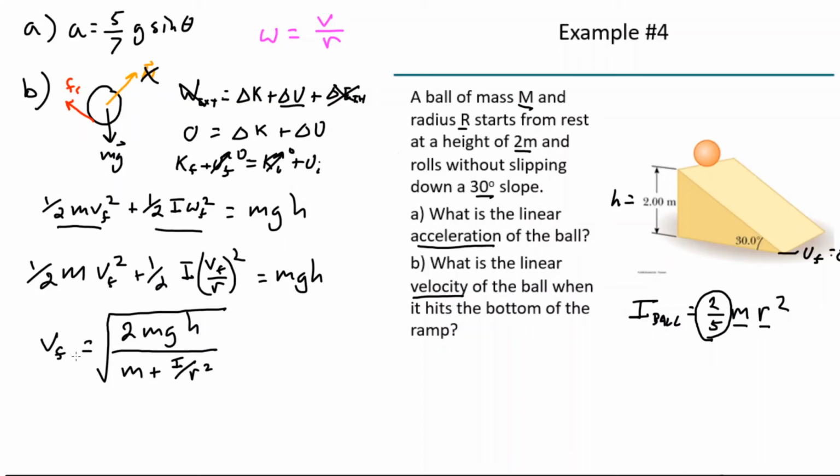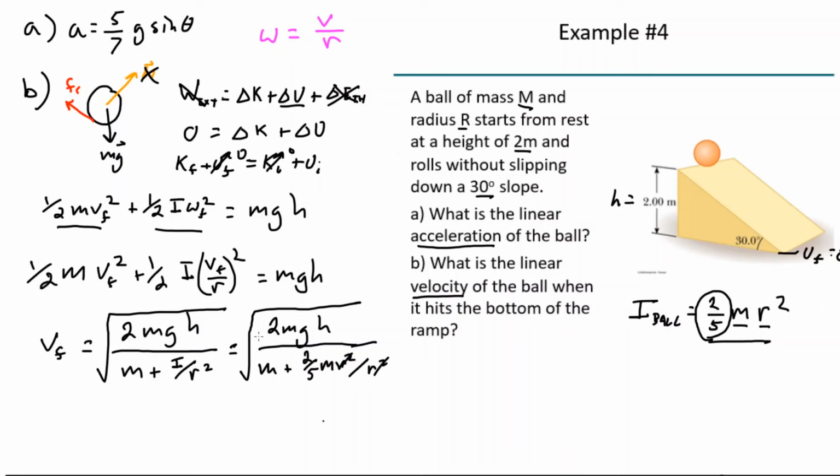But I can go one step further. I can plug in this expression for the moment of inertia of the ball. And I get that this equals the square root of 2mgh divided by m plus 2/5 m r squared over r squared. Once again, r squareds cancel out. And then the m's cancel out.